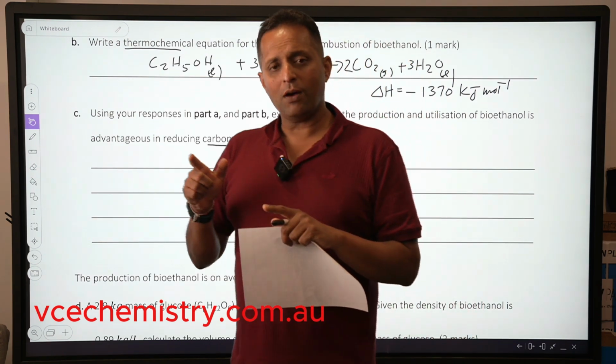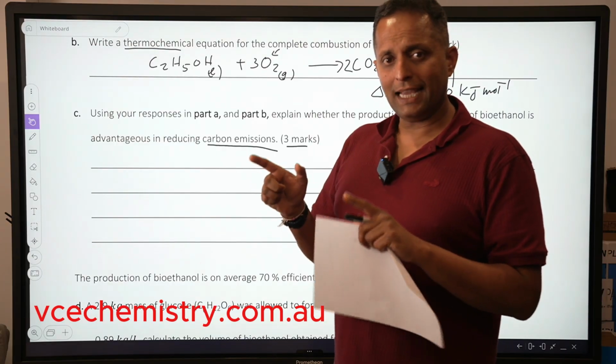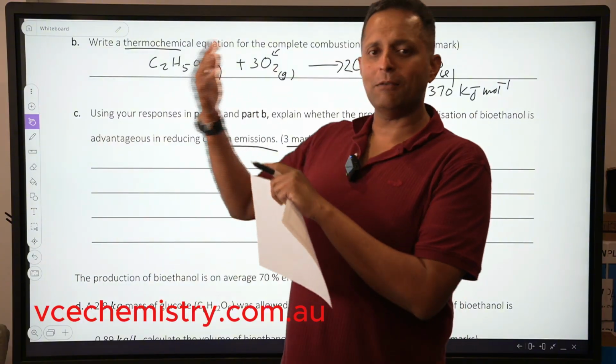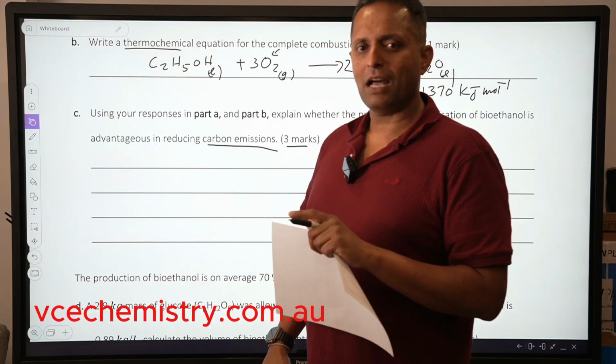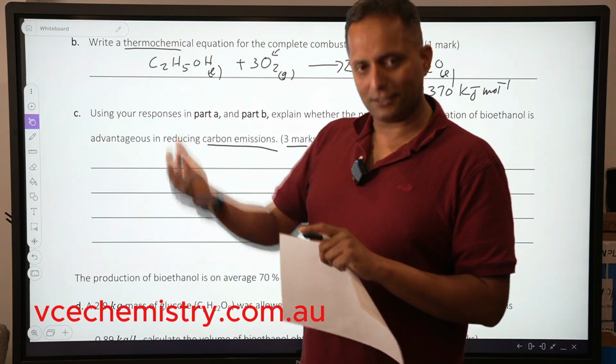When that bioethanol is combusted, it releases the carbon dioxide which was previously absorbed, the same amount of carbon dioxide which was absorbed previously.